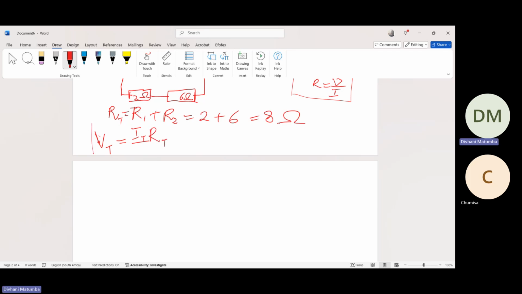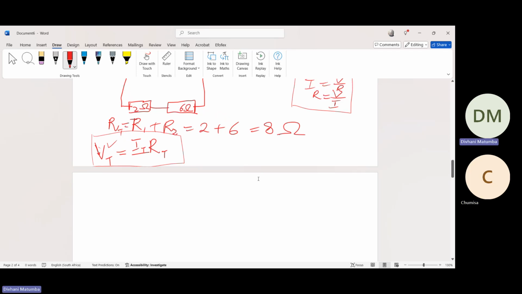This is Ohm's law. The aim of resolving circuits is to make sure that we have resolved for all of these. Do we have the total V? No, sir. We don't have.